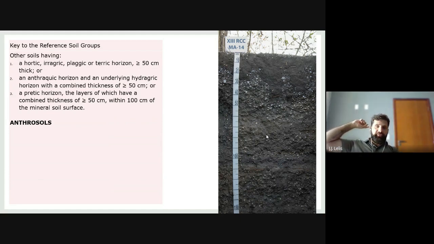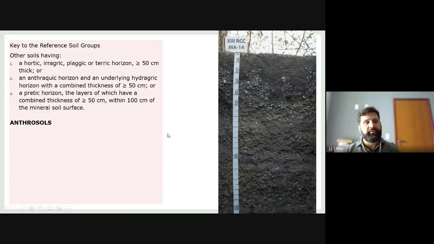Okay, it's a ferralic horizon, so it's a ferralsol. No, calm down. How thick is this ferralic horizon, and which horizons can be found here? Does it follow all the criteria to identify a ferralsol, or an anthrosol?